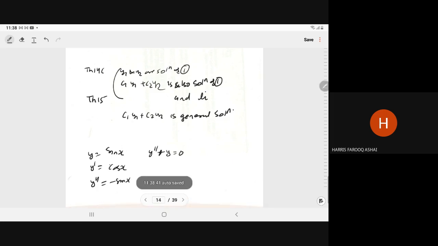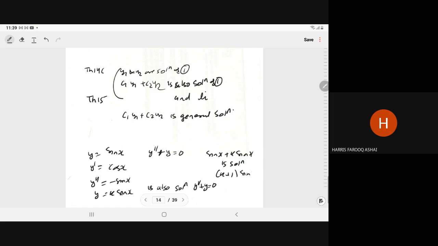Then y is equal to k sin x is also a solution of y double dash plus y is equal to 0, right? So sin x plus k sin x is a solution. It will give (k plus 1) sin x as a solution of the first.